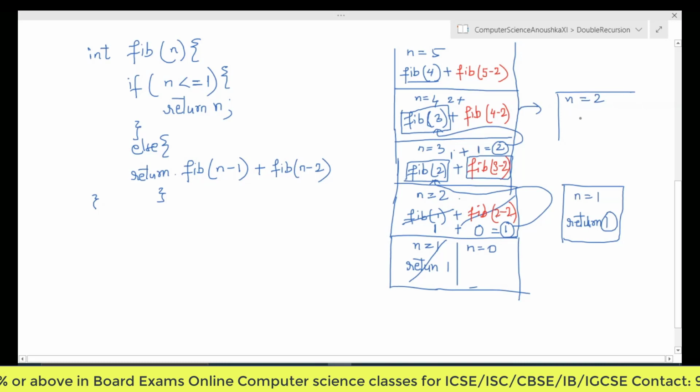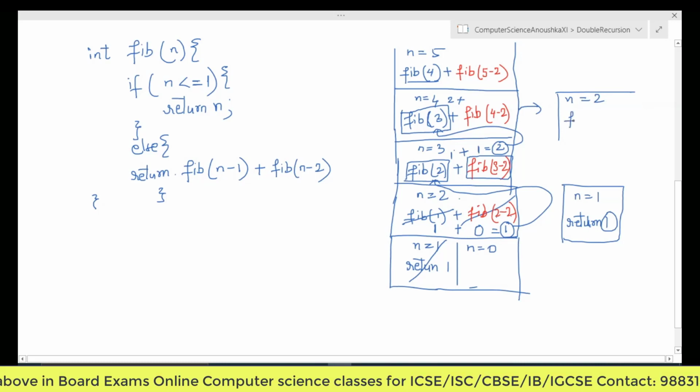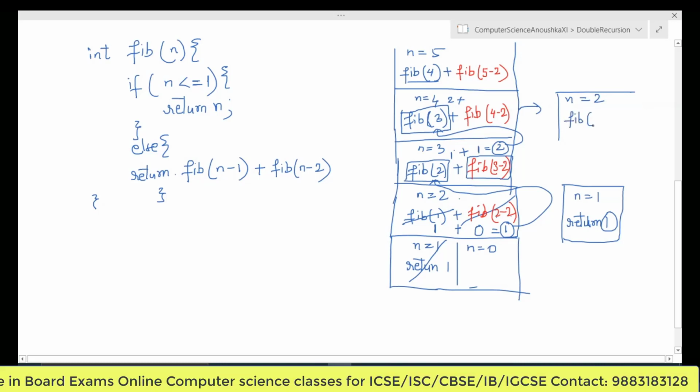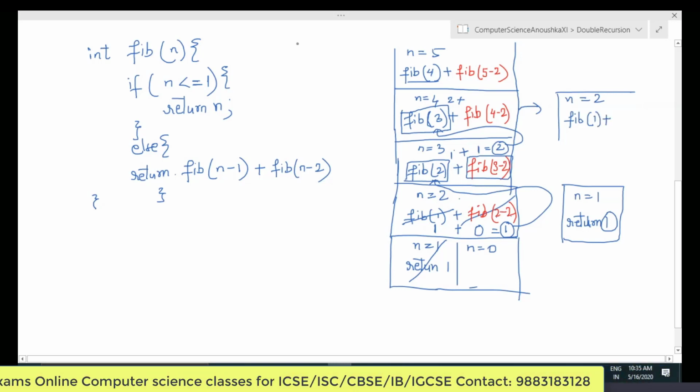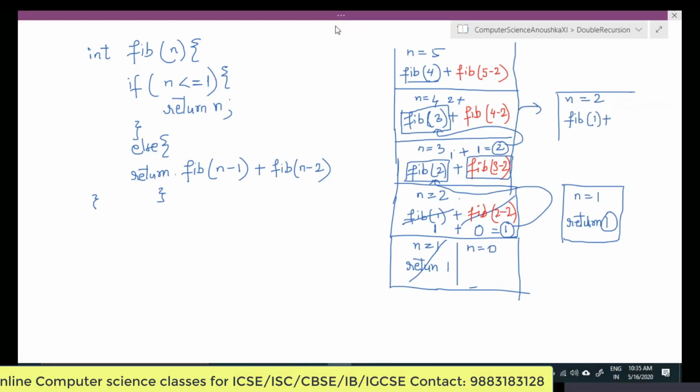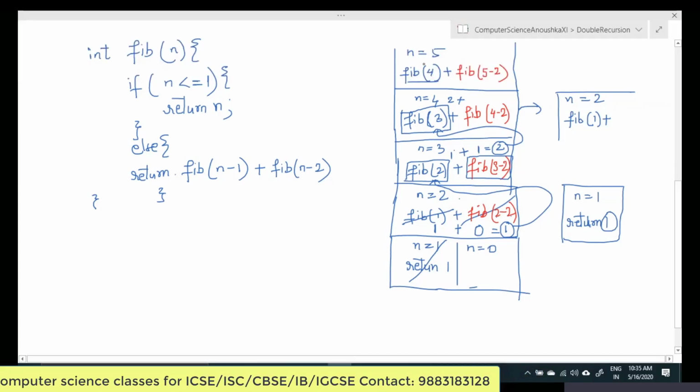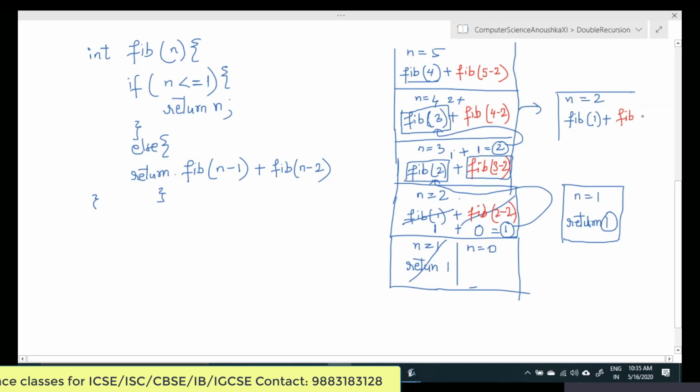So 2 minus 1, so you have Fibonacci of 1, plus there is a due, again you have to write Fibonacci of 2 minus 2. So this is due.